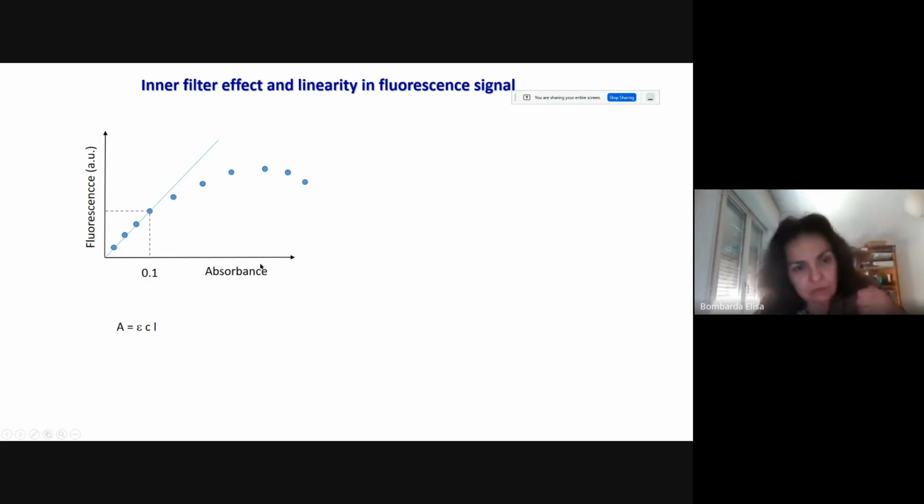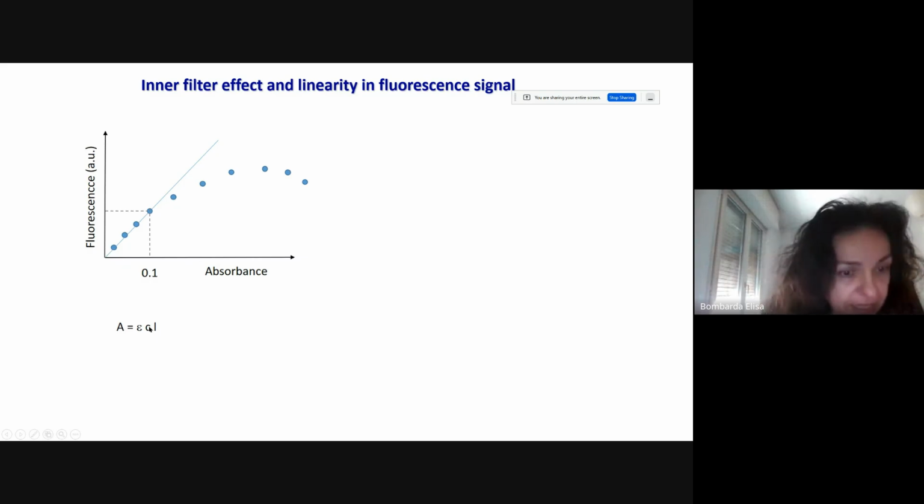So first, the absorbance is measured, which is linear with the concentration to a very large extent. There is also saturation in this case, but at very, very extreme large concentration. So in this range it is linear. And I plot fluorescence as a function of the absorbance.